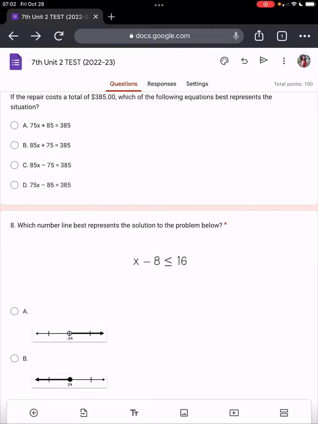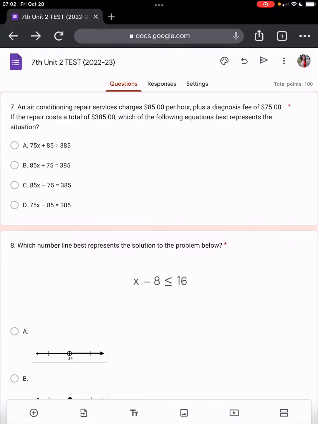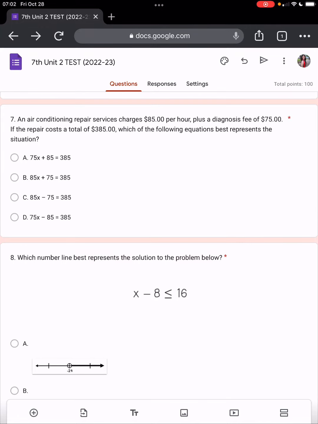A. 75x plus 85 is equal to 385. B. 85x plus 75 is equal to 385. C. 85x minus 75 is equal to 385. D. 75x minus 85 is equal to 385.